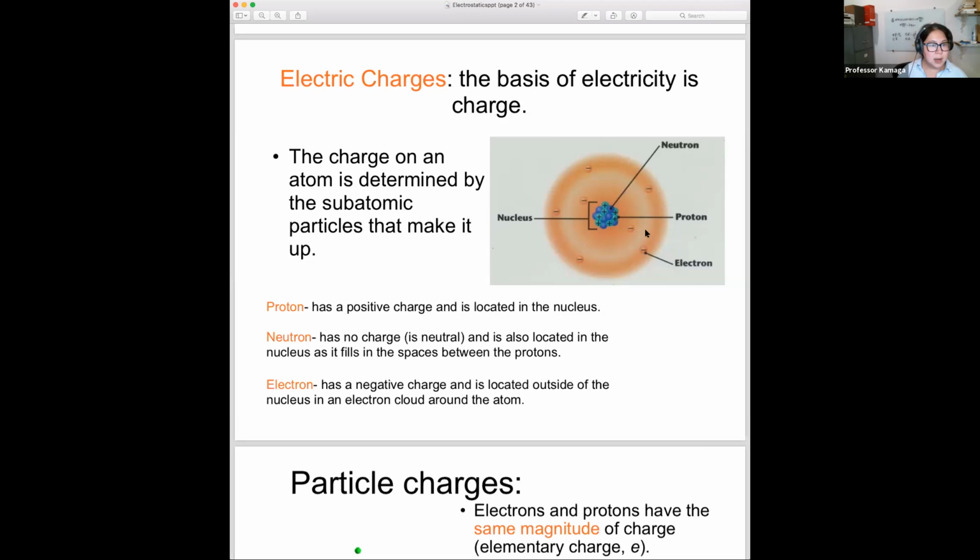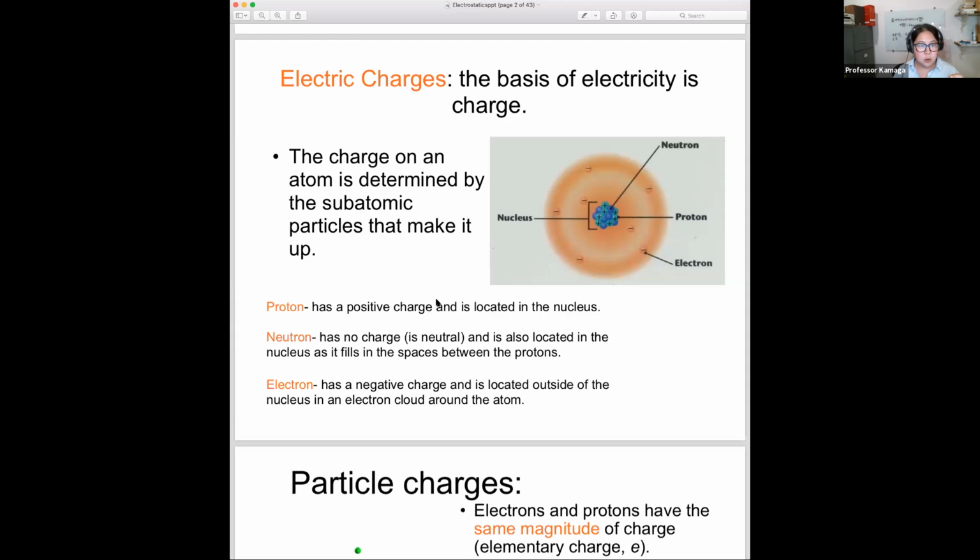Every matter is made of atoms, right? Inside the atom there are smaller particles called electrons, protons, and neutrons. Inside the nucleus you have neutrons and protons. Outside the nucleus you have an electron cloud. Protons and neutrons have some mass, which is larger than electrons.